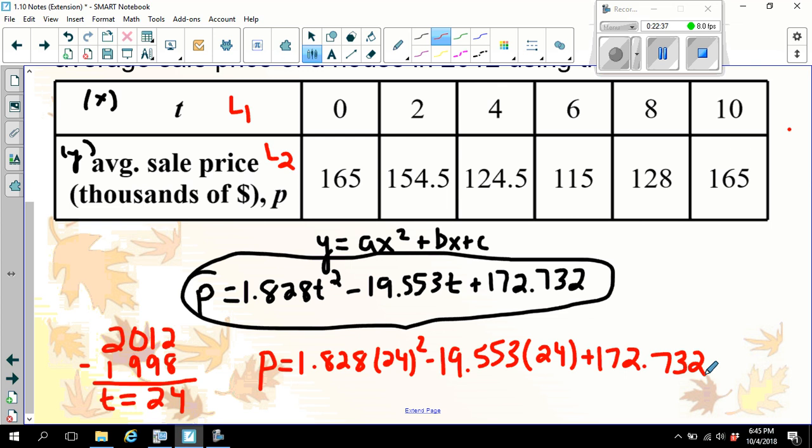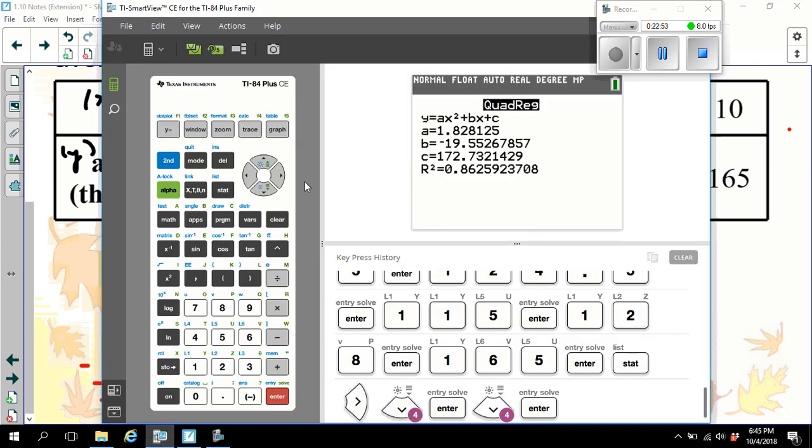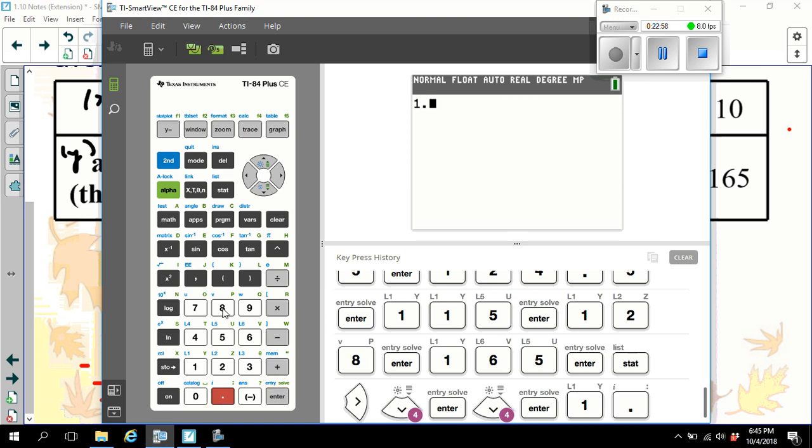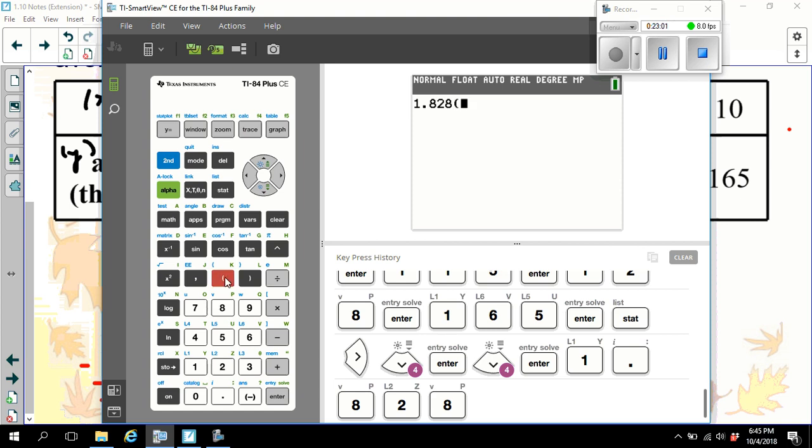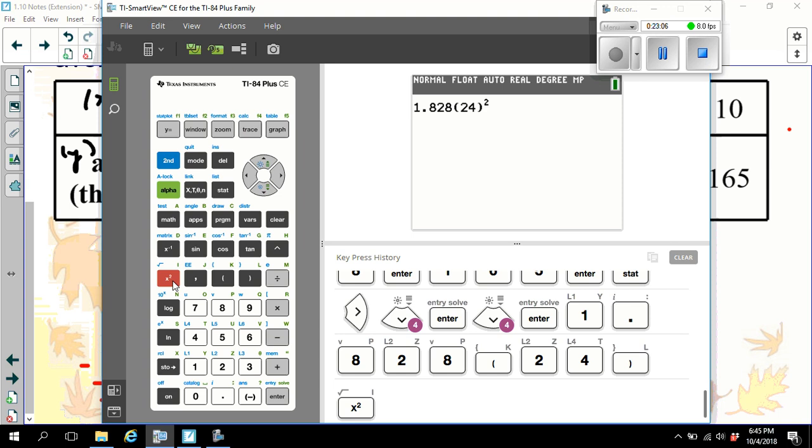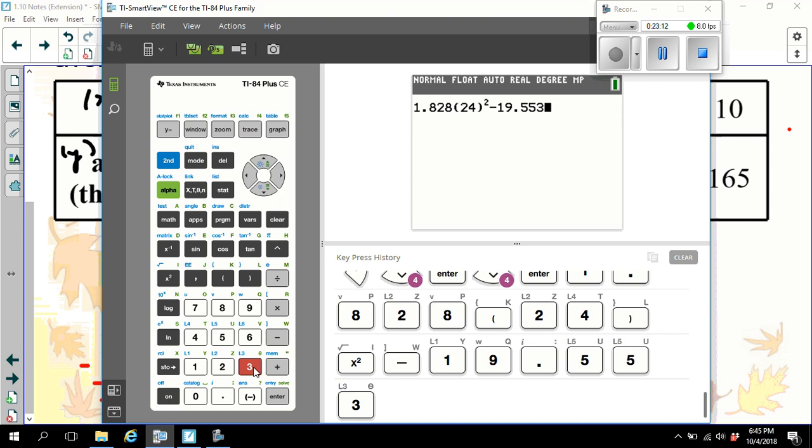So now what we're going to do is plug this into our calculator. So I'm going to go ahead and scroll back over to that. Remember, if I am going too fast, pause the video so you can get this all written down. So we have 1.828 times 24 squared, then minus 19.553 multiplied by 24.